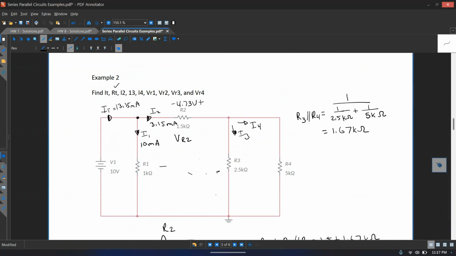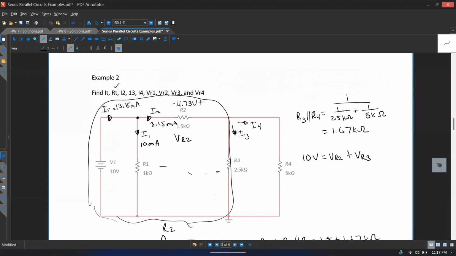And so therefore, if we do a KVL around this loop right here, we can say your 10 volts equals VR2 plus VR3.